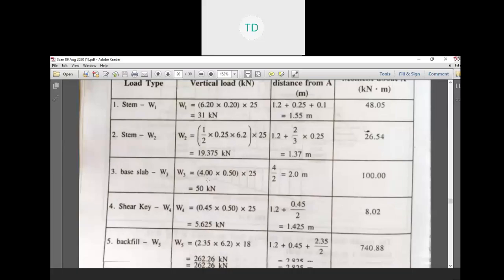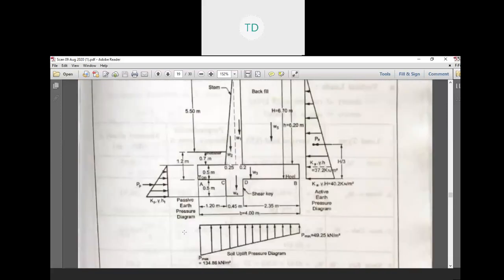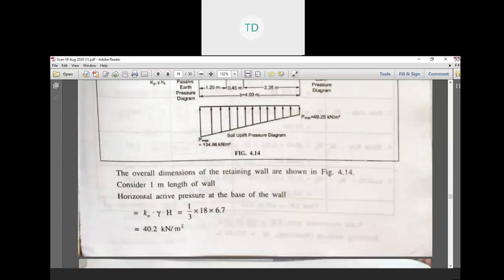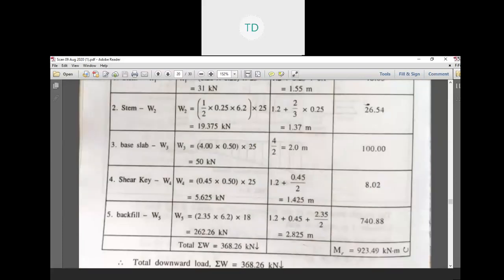Now for the base slab, shear key and backfill we calculate simultaneously. For W3 the width B is equal to 4 meter, height is equal to 0.5. We get the total area, and the perpendicular distance from the center is 4 divided by 2. Let us check: 4 into 0.5 into 25, which is the unit weight, and 4 by 2, which is our perpendicular distance.